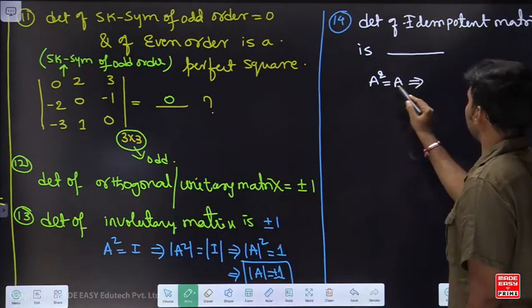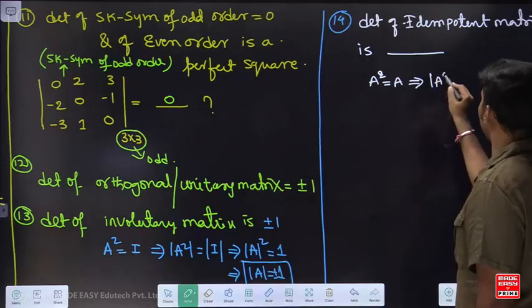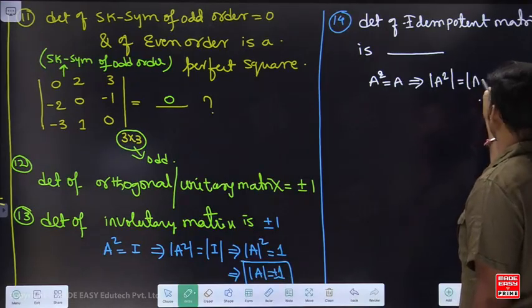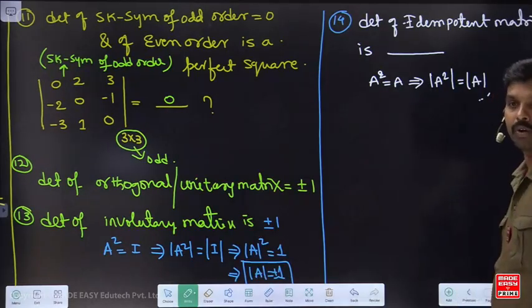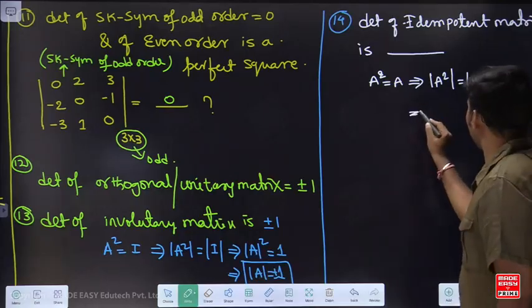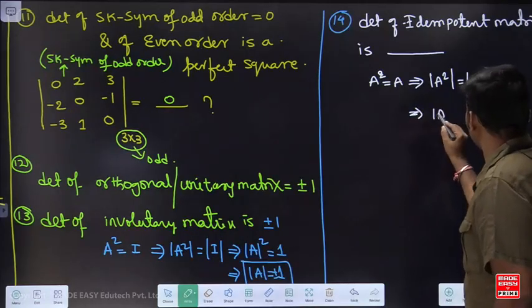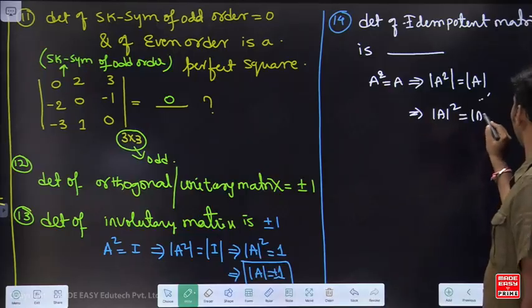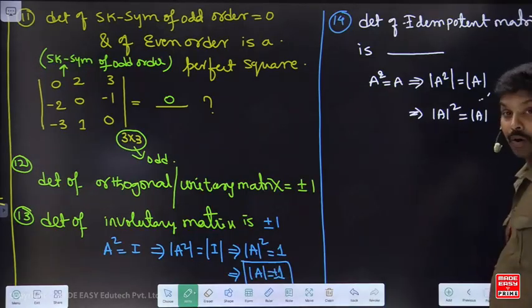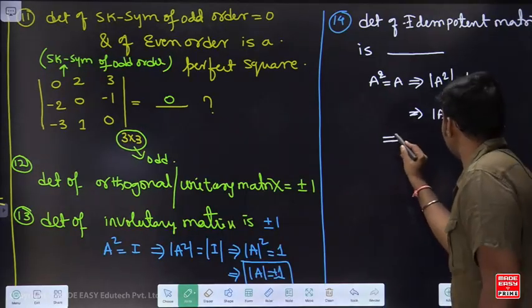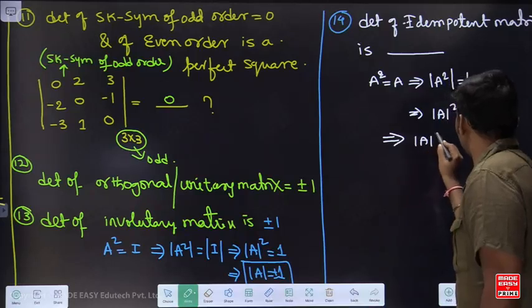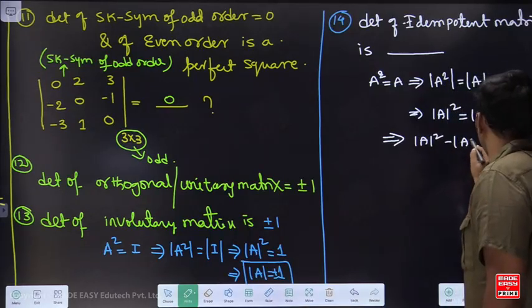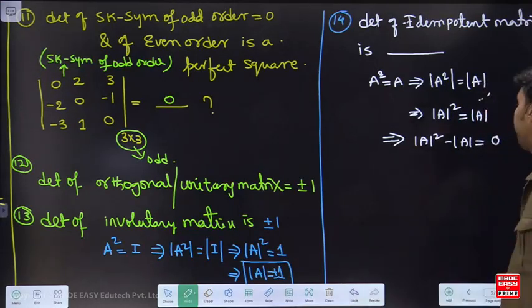So when matrices are equal, their determinants are also equal, or not? So therefore determinants are also equal here. But mod A square can be written as mod A whole square, and that is equal to mod A here. Now this can be written as mod A whole square minus mod A is equal to 0.